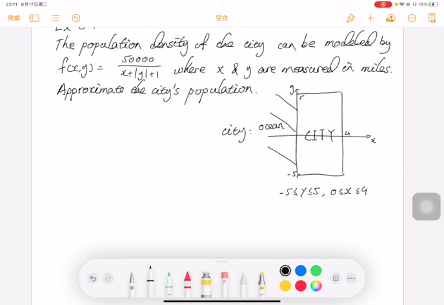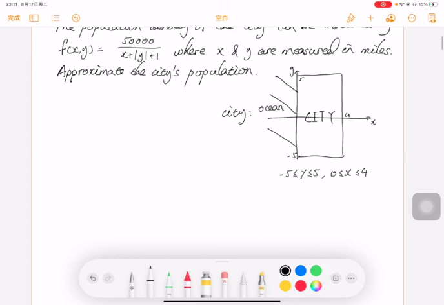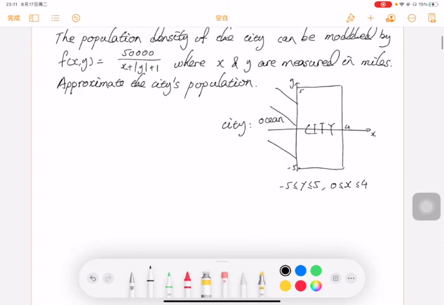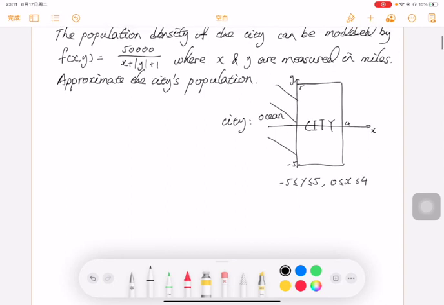It's a rectangular city. Since f is the population density, the population can be obtained by the integral of the population density over the entire region of the city.